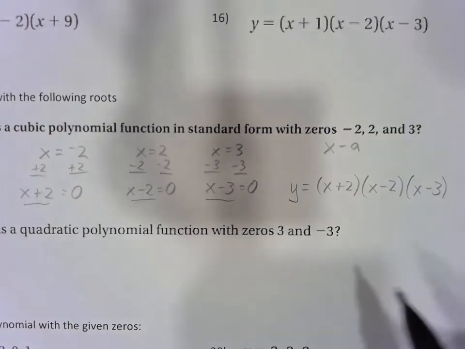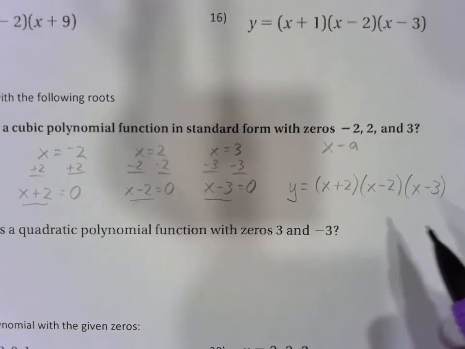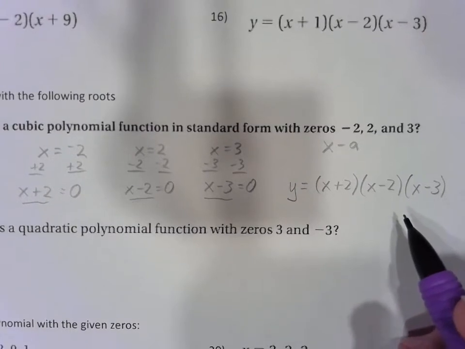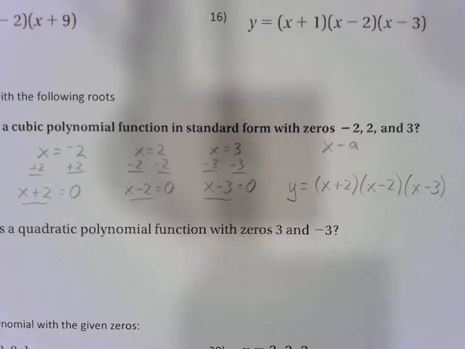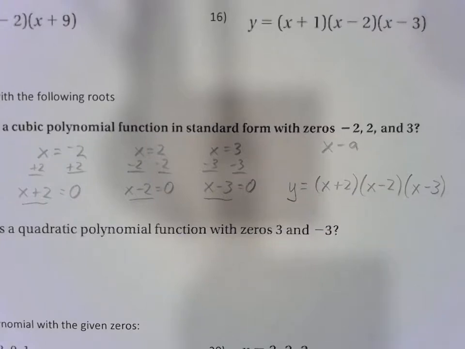So those 3 parts that equal 0, those are the factors that make up the cubic polynomial function. Now, it says we need to write it in standard form. That means that we actually have to multiply these out. Standard form doesn't want parentheses in it.